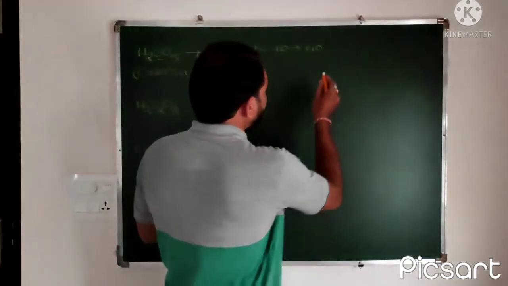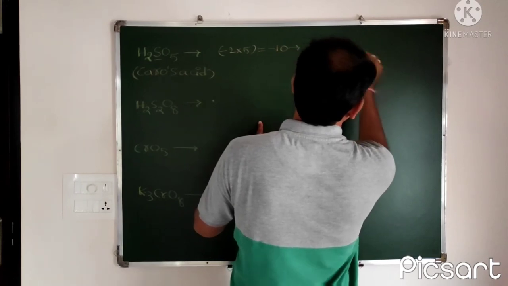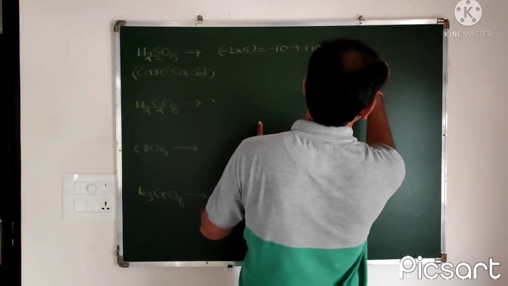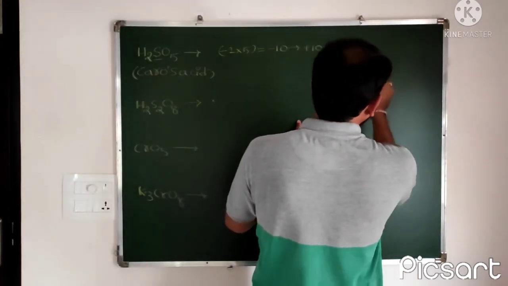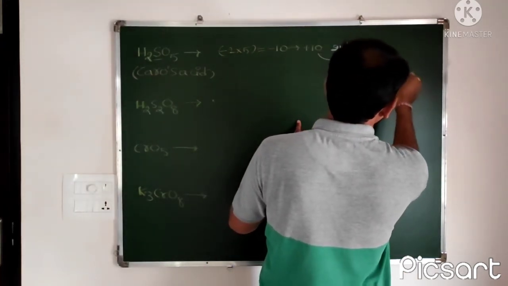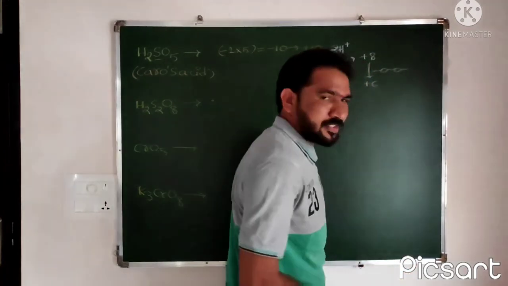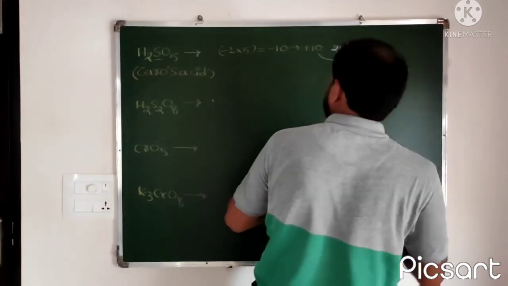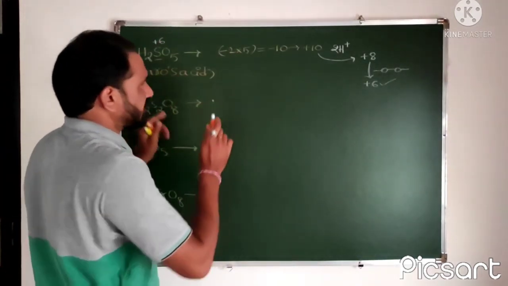So from these 2H plus ions, the rest plus 8 is not possible for sulfur. Then by using one peroxy linkage, its oxidation state changes to plus 6. So this is possible. So the sulfur oxidation state is plus 6. That's it.